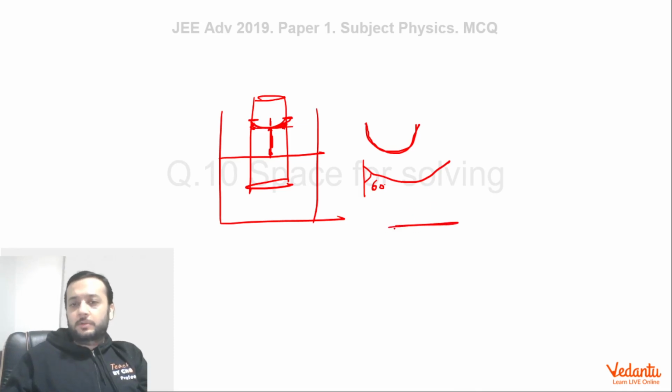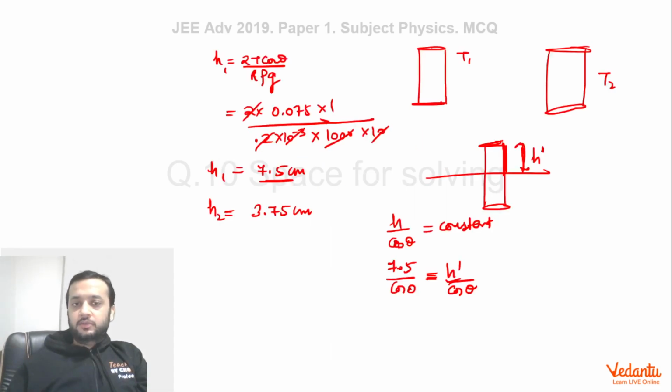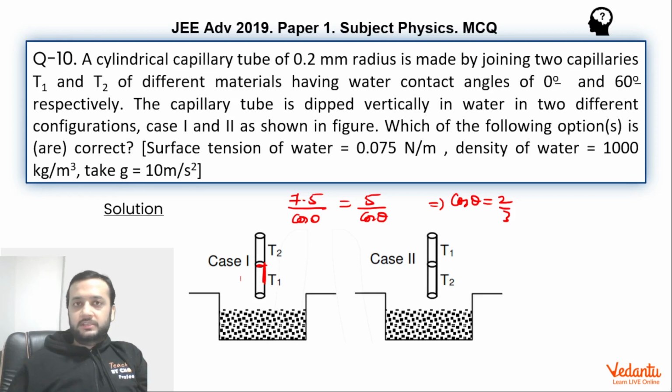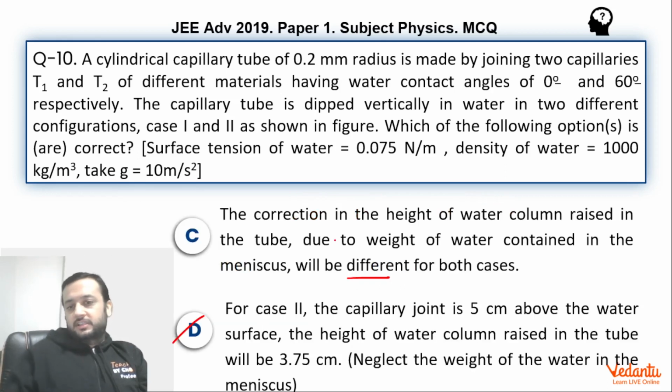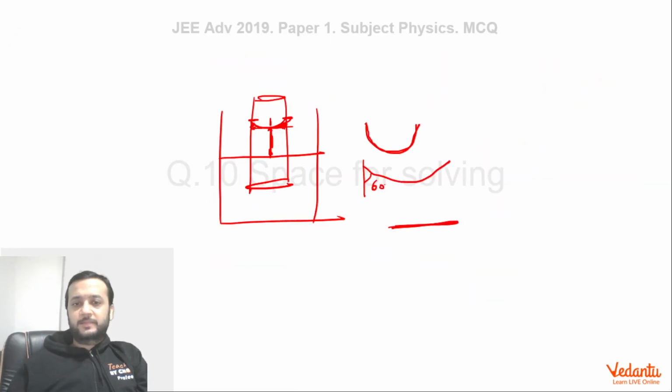Of course, this case will not be possible, but I'm just showing you that the amount of water present in the meniscus depends upon the angle of contact, which of course is different in both the cases, right? So if the angle of contact is different in both the cases, then of course the correction due to the water present in the meniscus will be different. But there is a special case in which the angle of contact can be made the same. So let's discuss that special case.